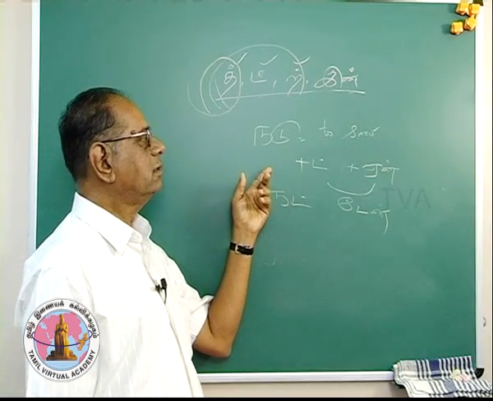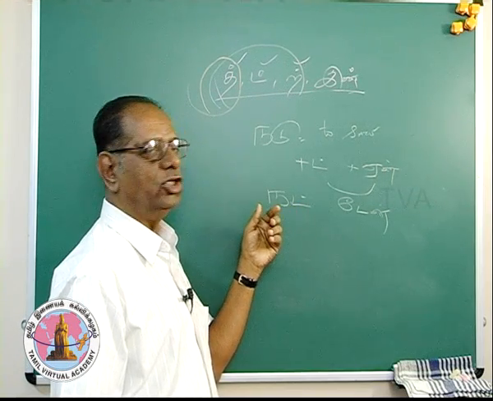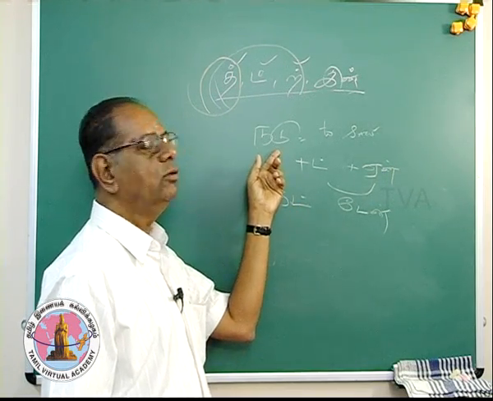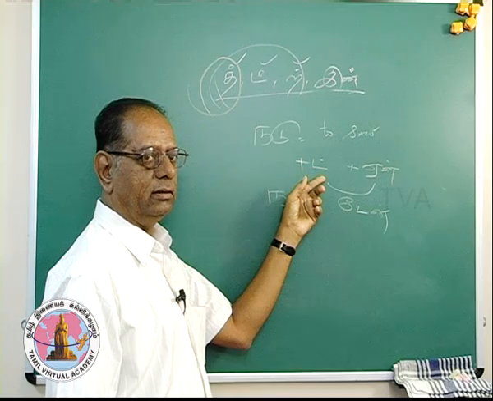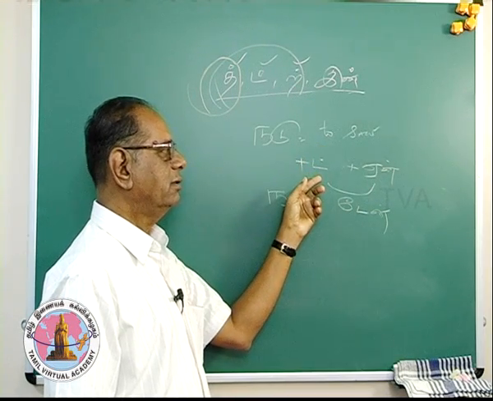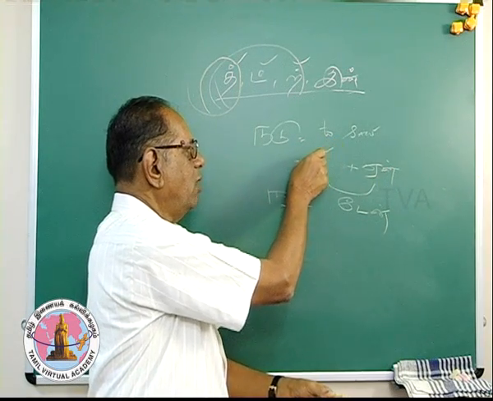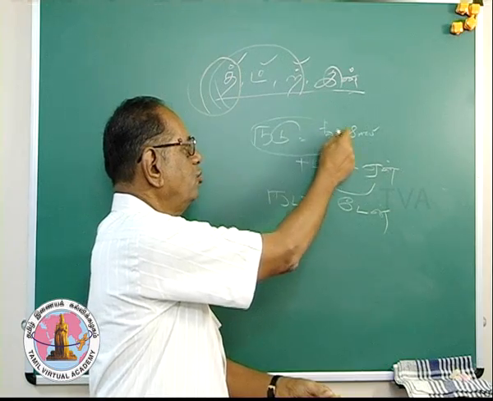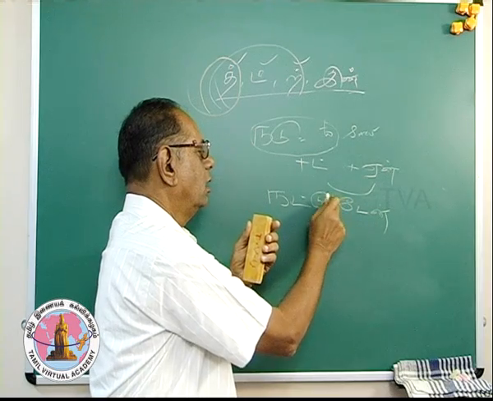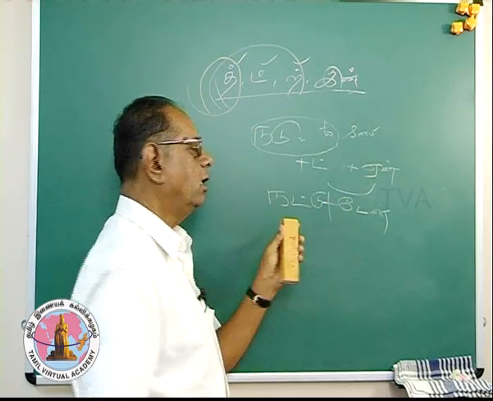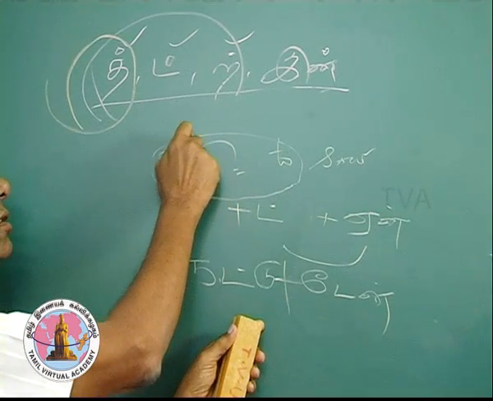This is a slightly difficult combination. "Nadu" is the word and it's being conjugated. The tense marker is added, and here this tense marker merges with this and it becomes not two. That is, this two is doubled.